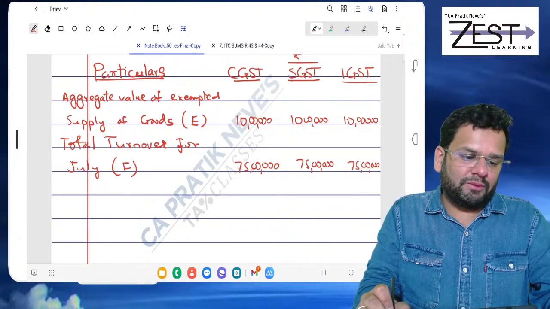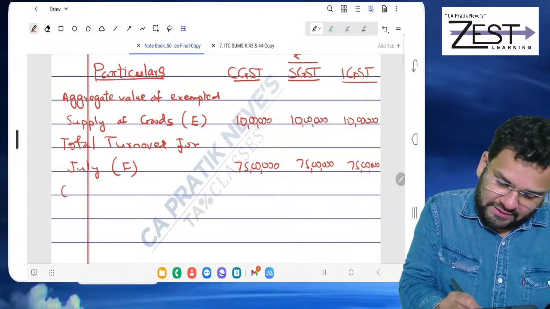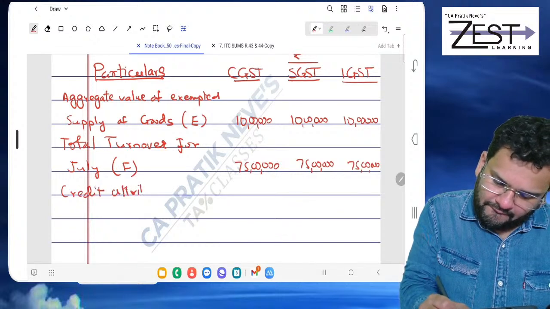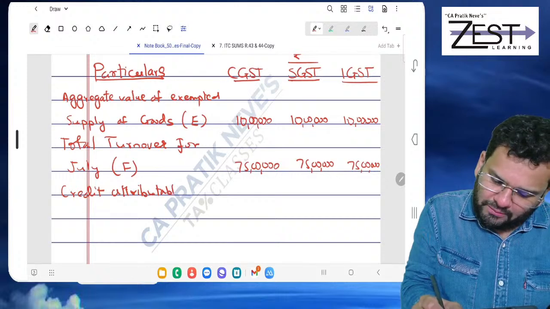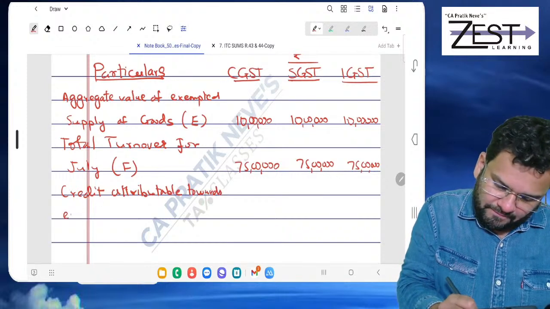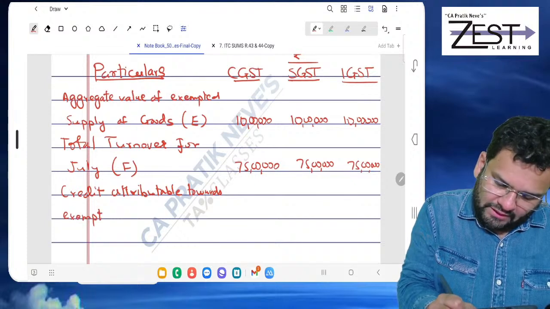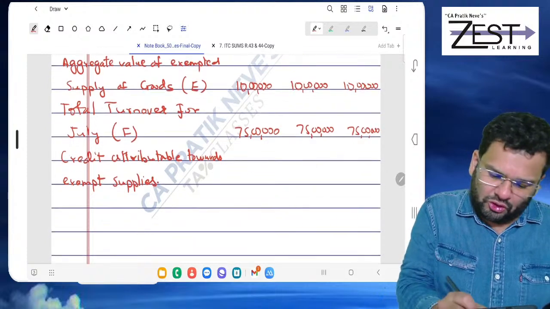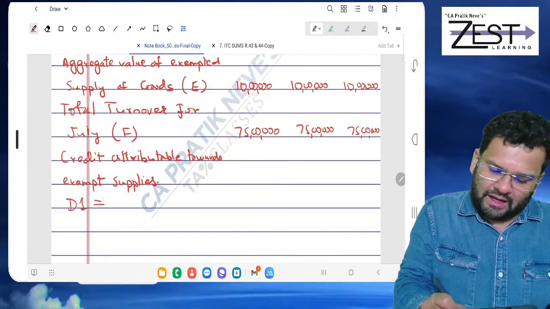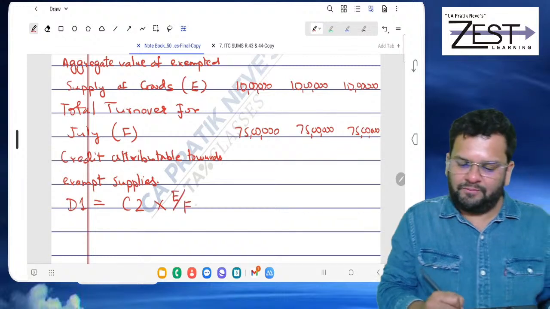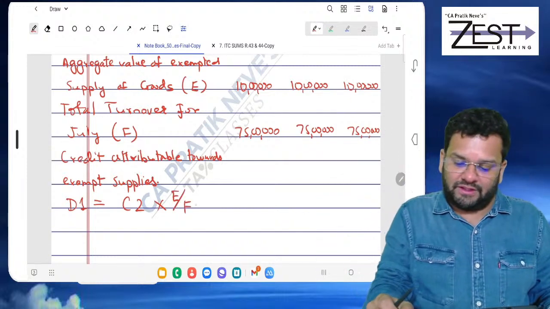Now what you will do? Credit attributable towards exempt supplies. All of you know it is called as D1, and D1 is equal to C2 multiplied by E by F. C2 was your common credit.